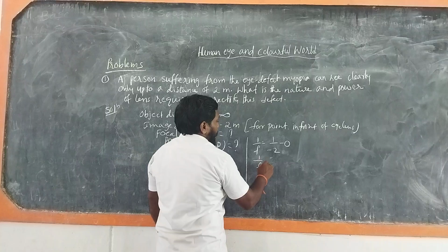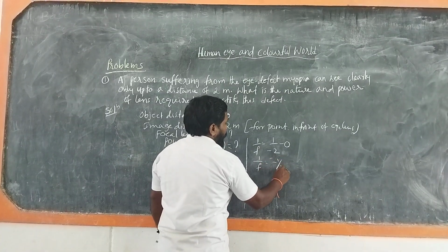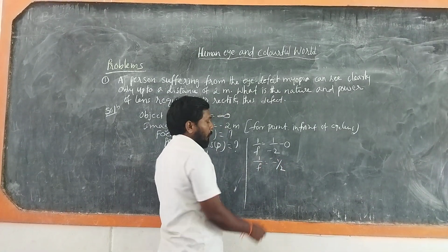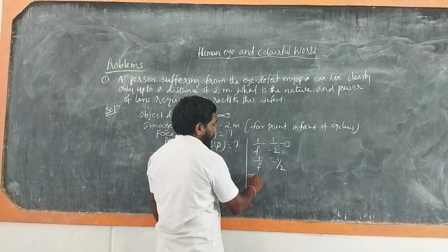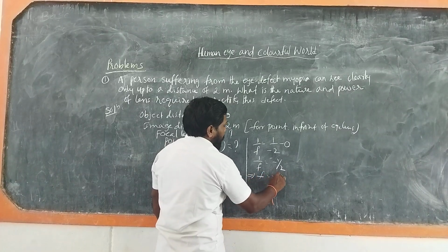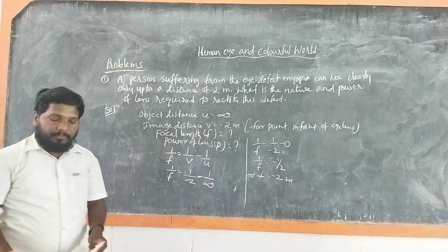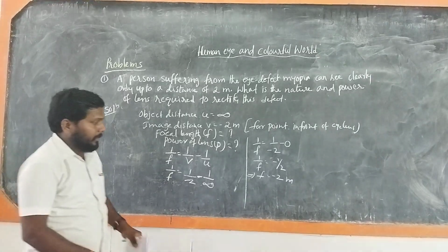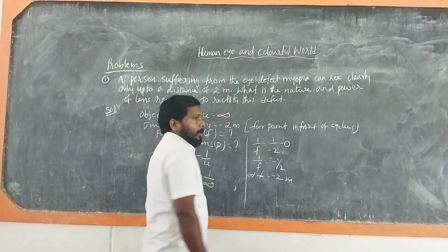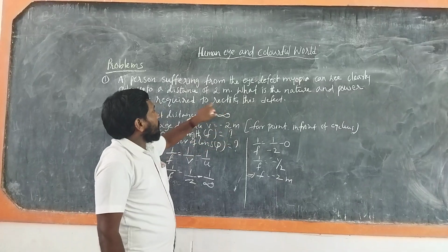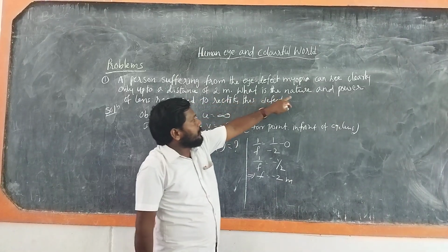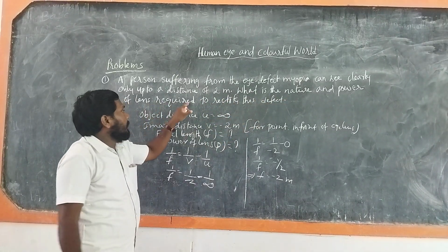So you can write 1 by f is equal to minus 1 by 2. From this you can write focal length f is equal to minus 2 meters. Focal length f is equal to minus 2 meters. So then what to find? What is the nature and power of lens?